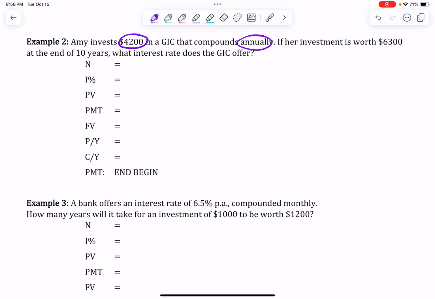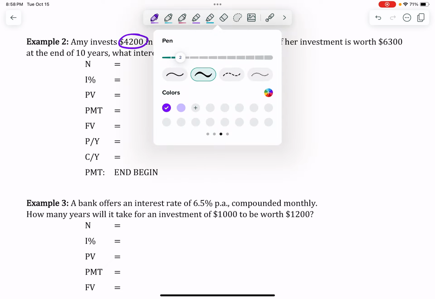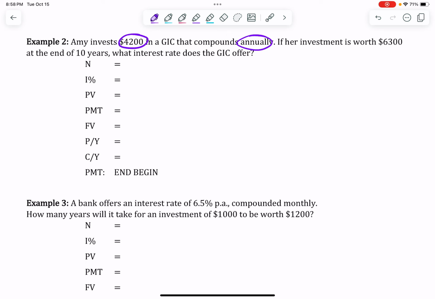The bank spends that money, invests it, does something with it. They collect interest, and then they give you a kickback. So just a quick reminder about GICs. But Amy invests $4,200 in a GIC that compounds annually. If her investment is worth $6,300 at the end of 10 years, what is the interest rate that the GIC offers?